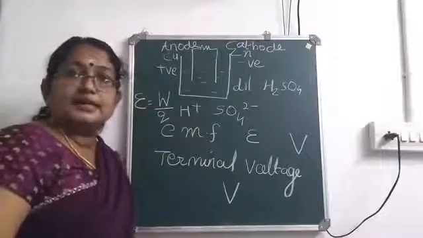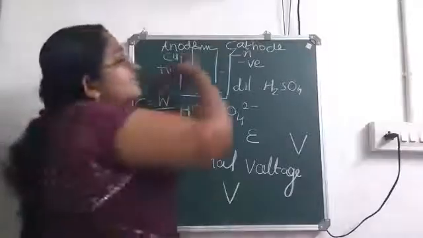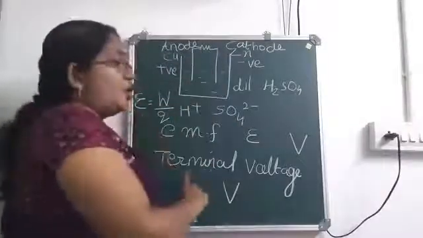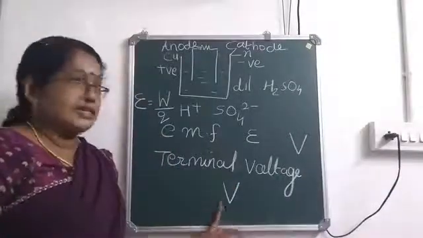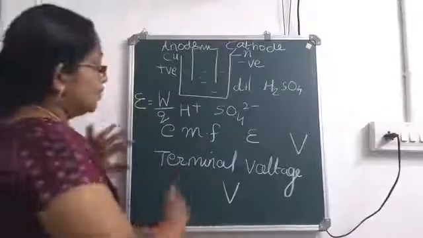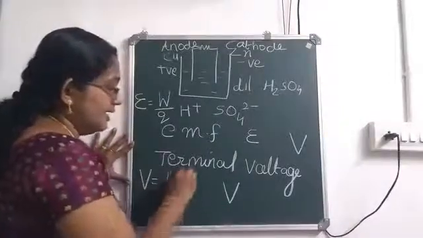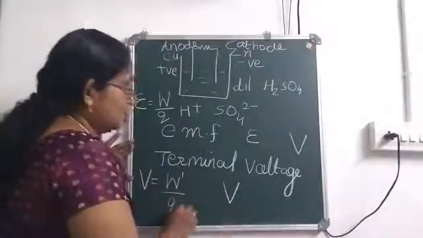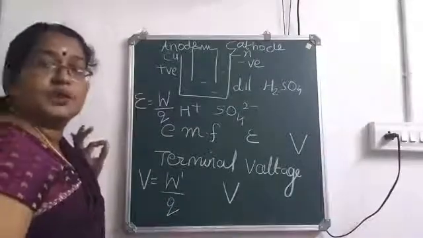The work done to move a unit positive charge across the terminals in the external circuit can be called as terminal voltage. It is represented by the letter capital V. So here what can I write? Capital V. Here it is also the work done. So I will put it as W dash by Q. Okay. So this is the terminal voltage.